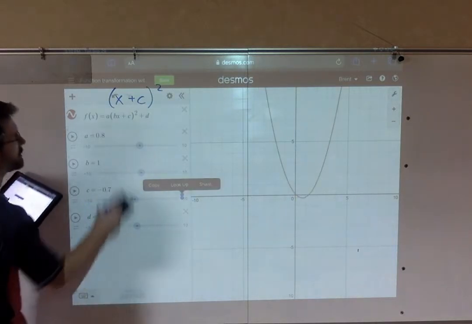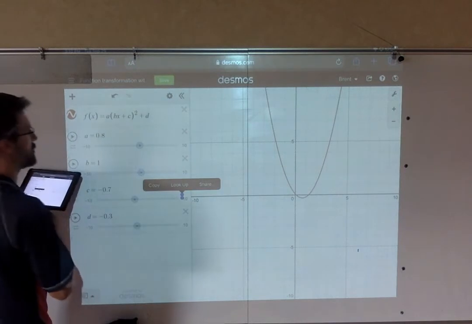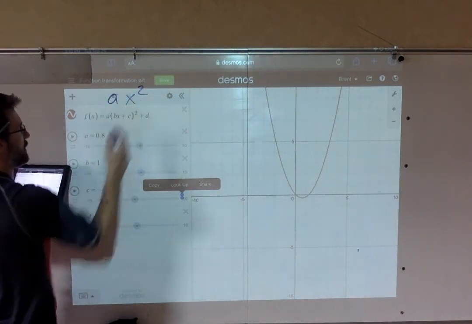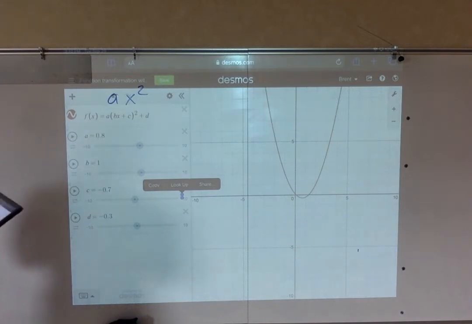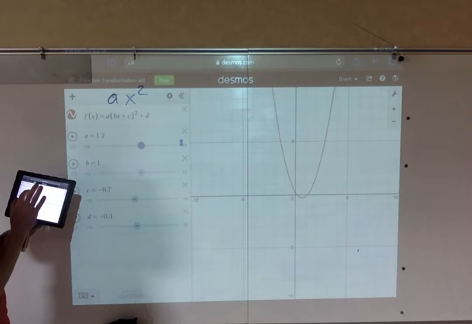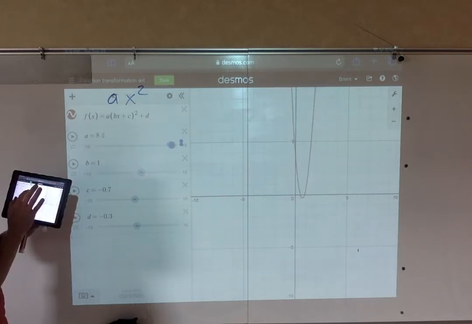The other one we're going to do today is a vertical stretch. Now if I have a times x squared, as I make that number bigger, the parabola gets skinnier because it's getting stretched vertically.